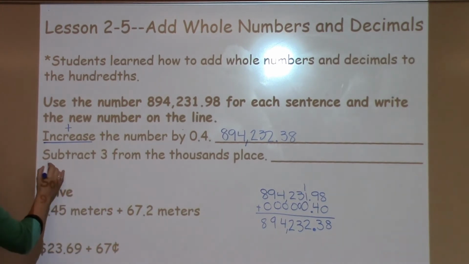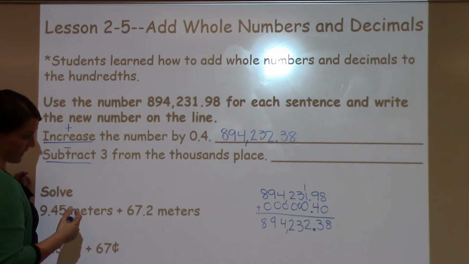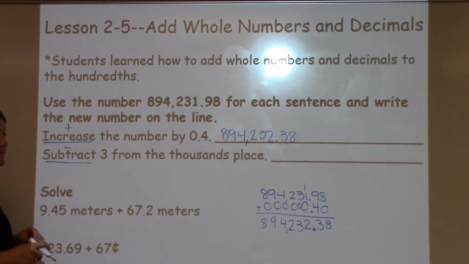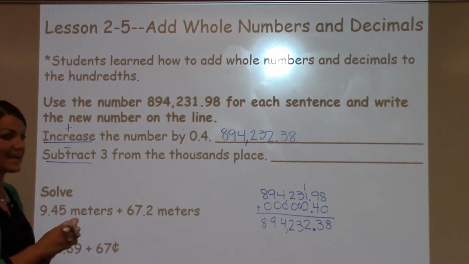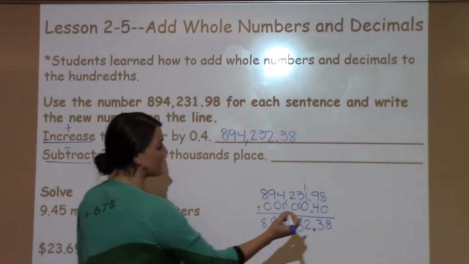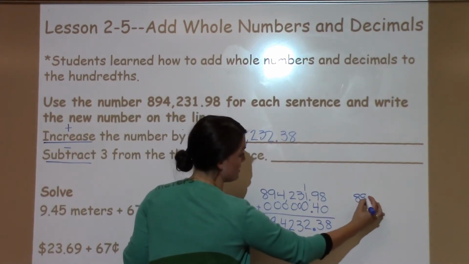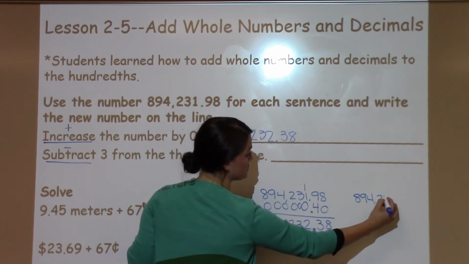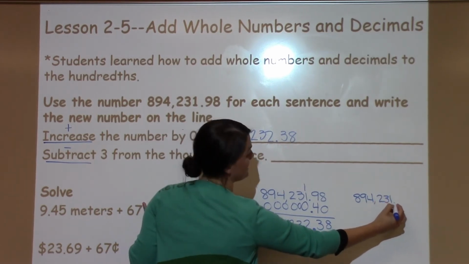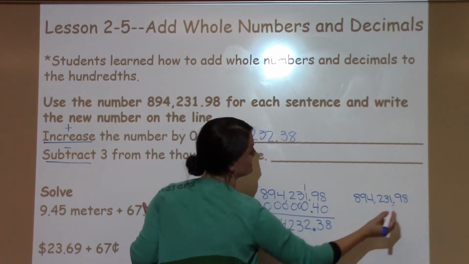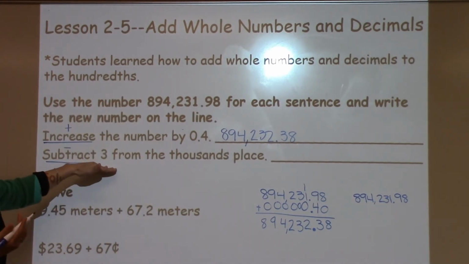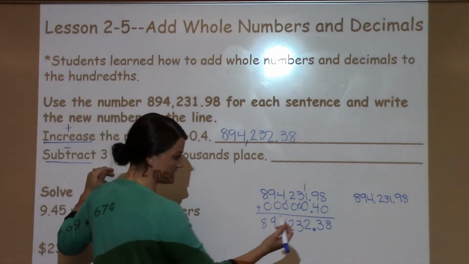Then the next sentence says to subtract 3 from the thousands place. This is a little bit different because it's not giving me an exact number to work with. I have the same number, 894,231 and 98 hundredths, and I want to subtract a 3 from the thousands place.